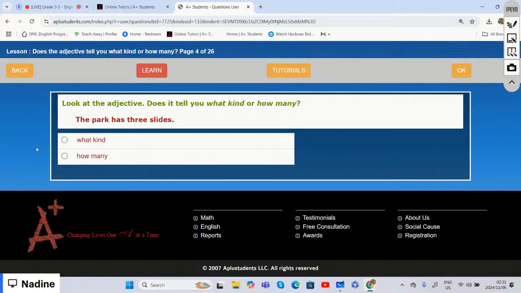All right, so the park has three slides. So now, are we saying what kind it is, or do we say how many there are? Option one or option two?